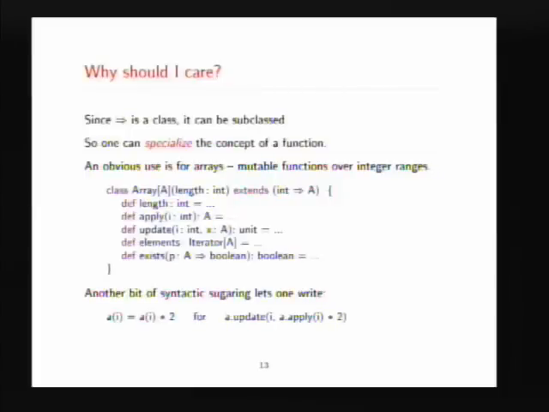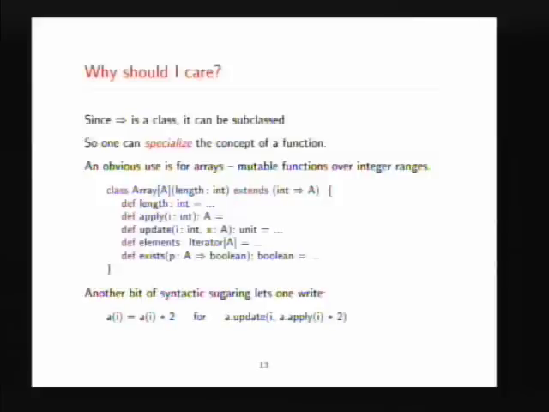That's just array subscripting. But they also have a method to return the length of the array, an update method to change an element in the array, and a method to give you back an iterator over all elements of the array. And they would also have things like exists and forall that we have seen in the matrix example.